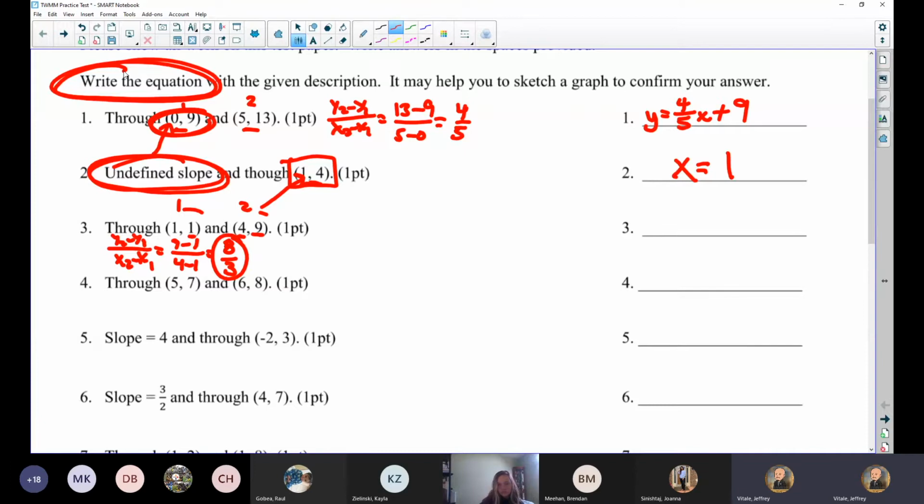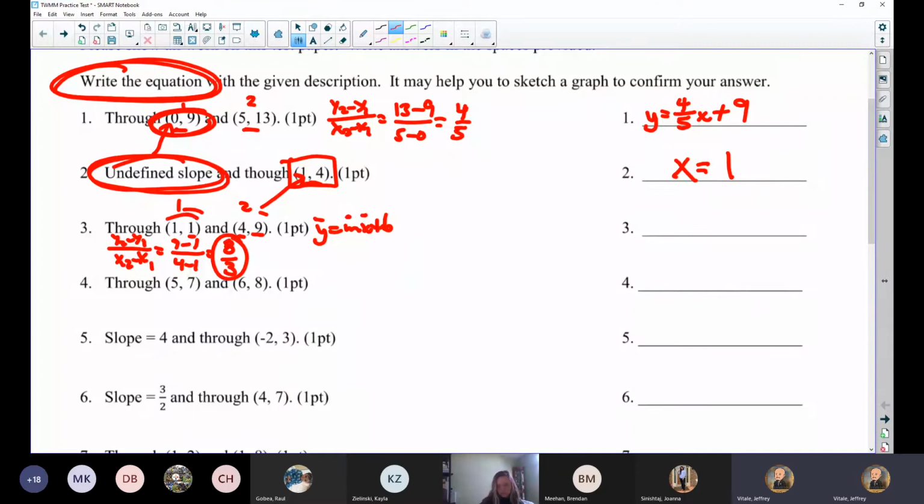So what happens to us when we're not given the y-intercept? What do we have to do? Who remembers? What process, Joanna, do we have to go through to find the y-intercept? You use the equation y equals mx plus b, and then you put in one of the coordinates into it. Right. I'm going to plug a coordinate into y equals mx plus b along with the slope, because I'll be able to get y, m, and x, and we solve for b.